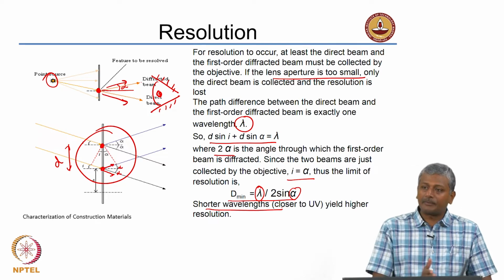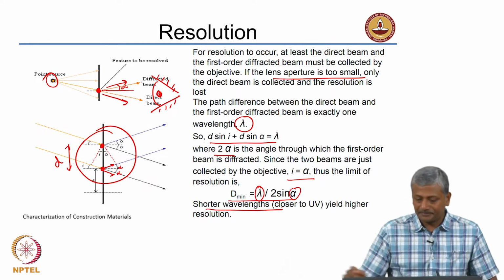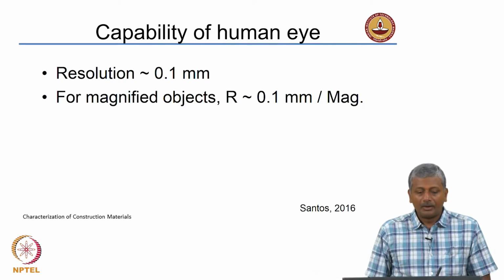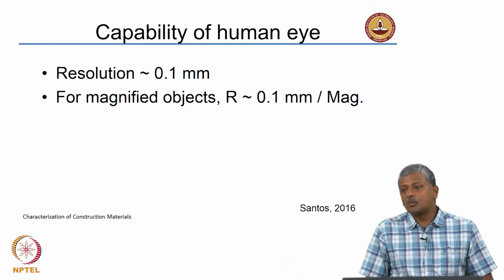So wavelength becoming small implies resolution becomes greater, better. Now in terms of the human eye itself, the resolution which we are capable of with the eye lens is 0.1 millimeter.